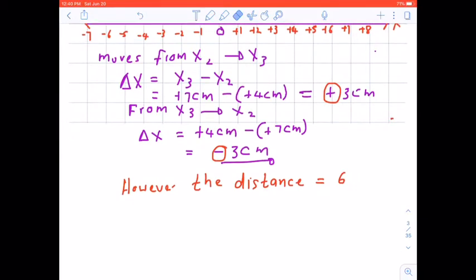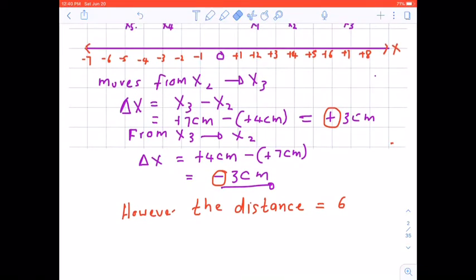Right, so distance covered is 6 centimeters.